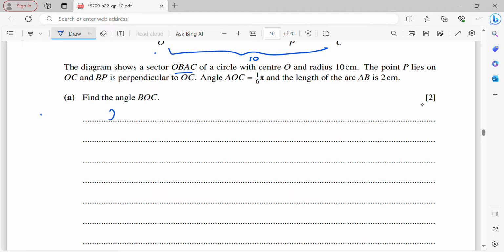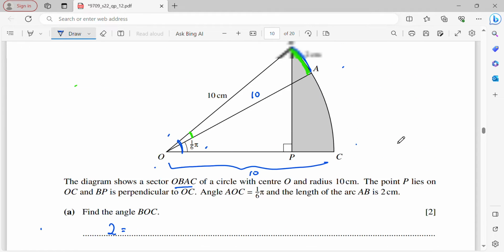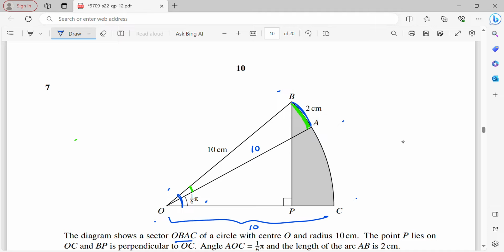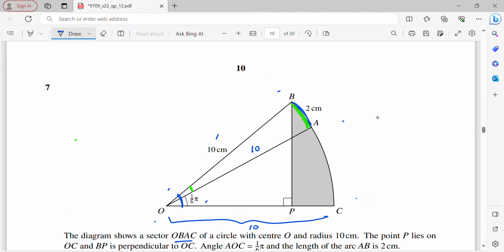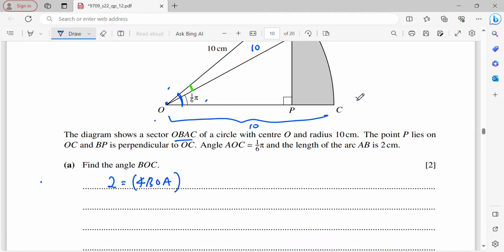So now 2 equals theta, which is angle BOA, multiplied with the r. r is 10 because it is the radius 10. Okay, OB is 10.